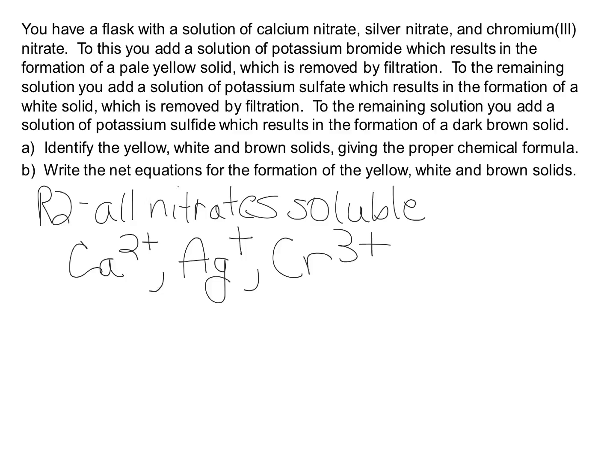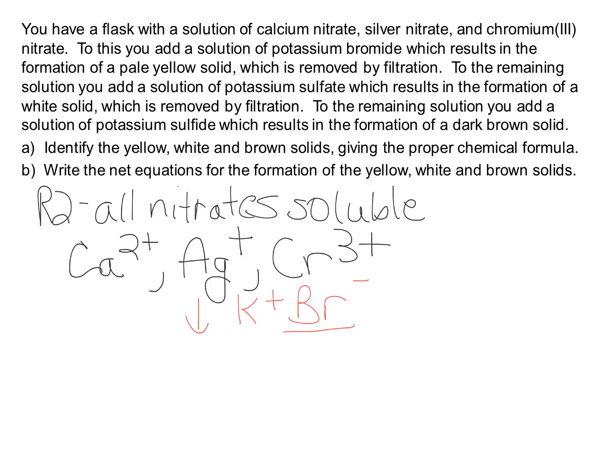Now, to this solution we're going to add potassium bromide solution. So that means we add K+ and Br-, right? Potassium bromide. Well, obviously potassium isn't going to do anything, so what we're really concerned about is the bromide.